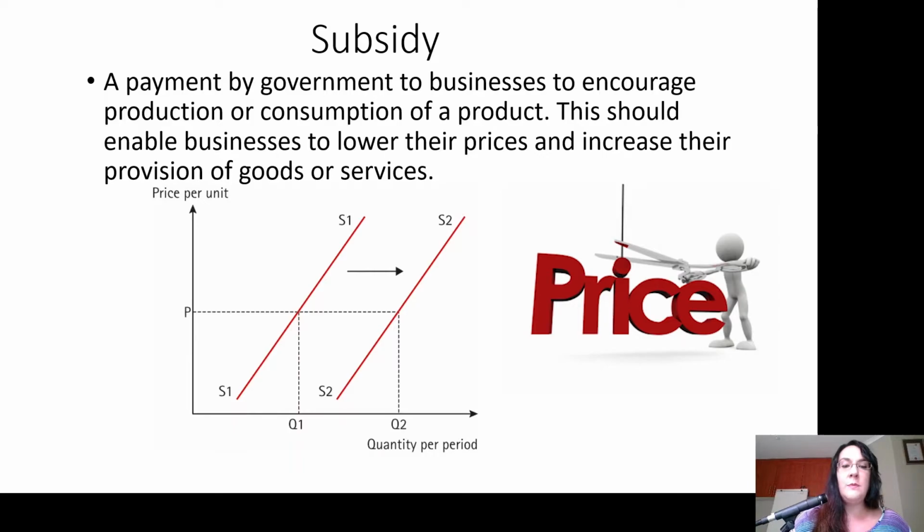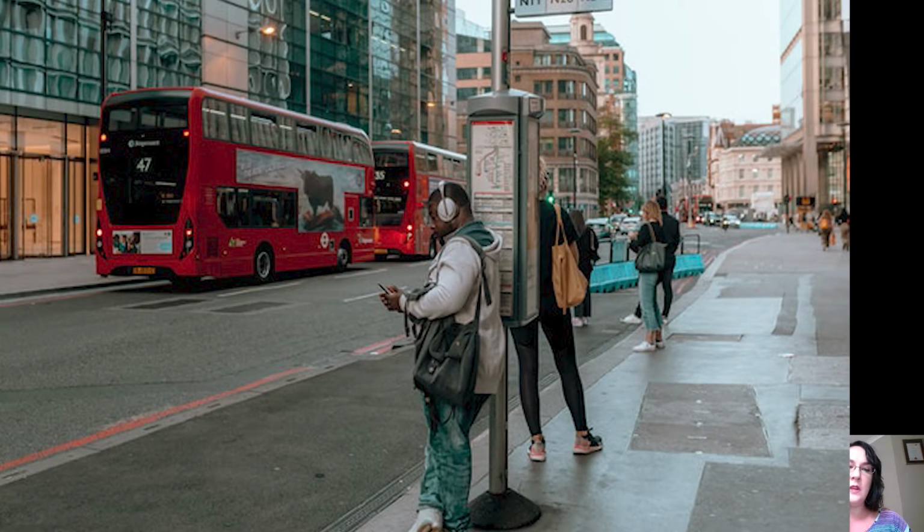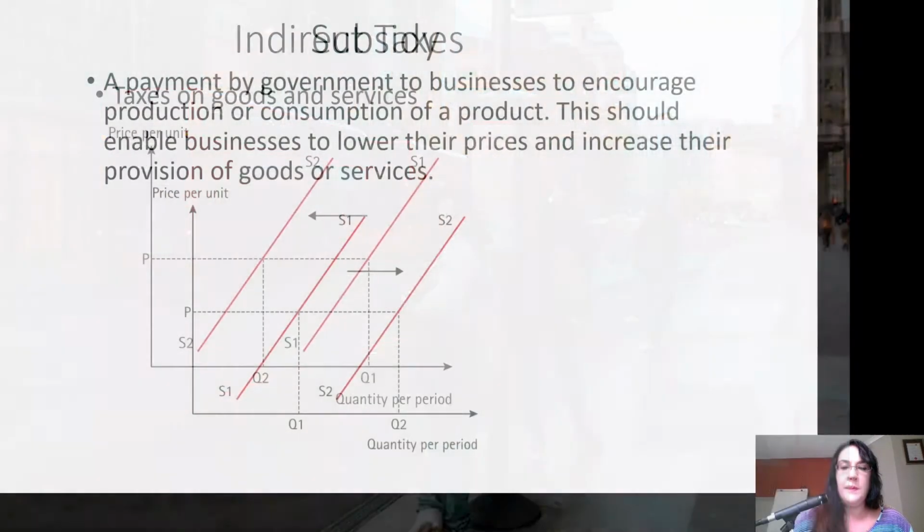They want to make it more affordable for consumers. For example, subsidizing the local bus industry, your public transport. The whole idea is that it will be more affordable for people who can't afford their own private vehicles to get transport to and from work.